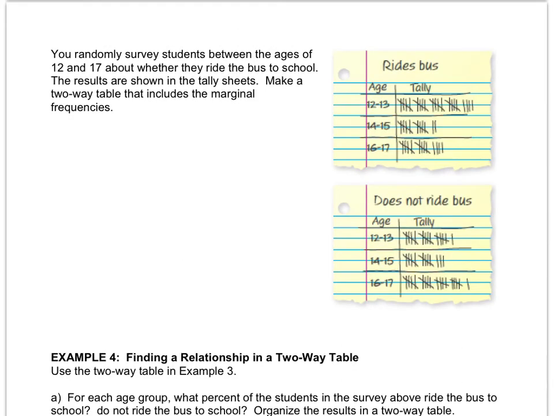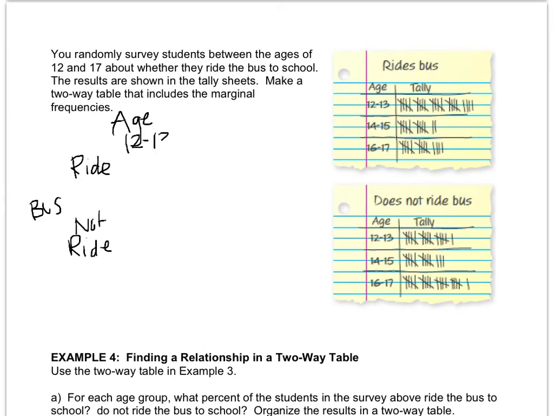All right, so we have to make a two-way table here, and the things that we're asking are, do you ride the bus or not ride the bus? And how old are you? So let's do age and bus. And what I want to know is, do you ride or not ride? I also want to know your age.